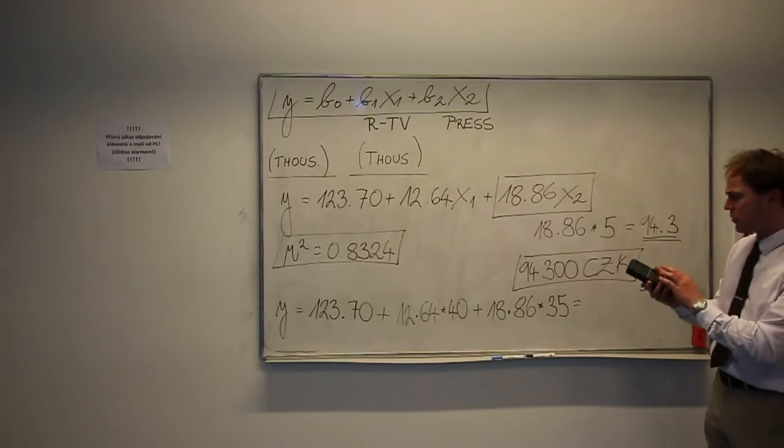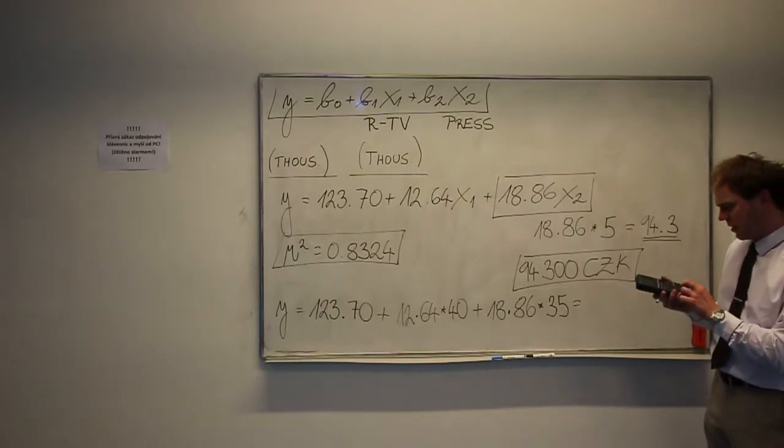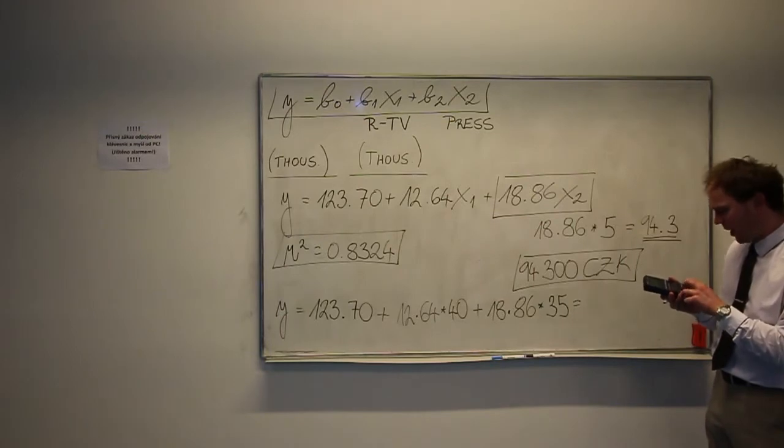So I will use the calculator. 123.70 plus 12.64 times 40 plus 18.86 times 35.